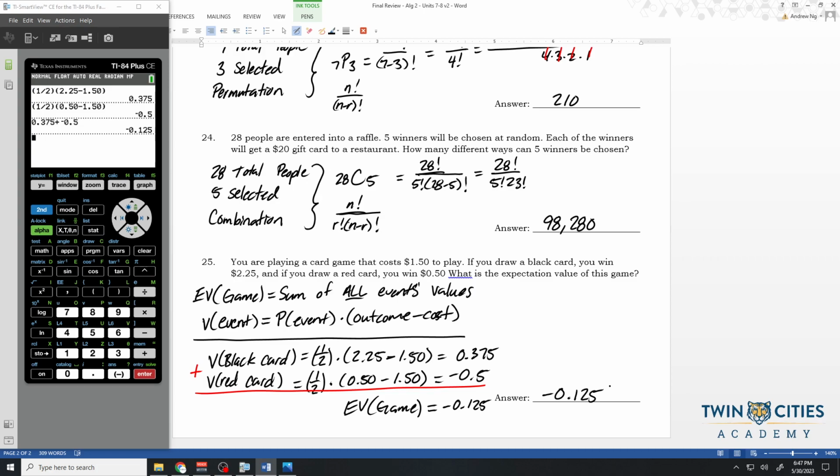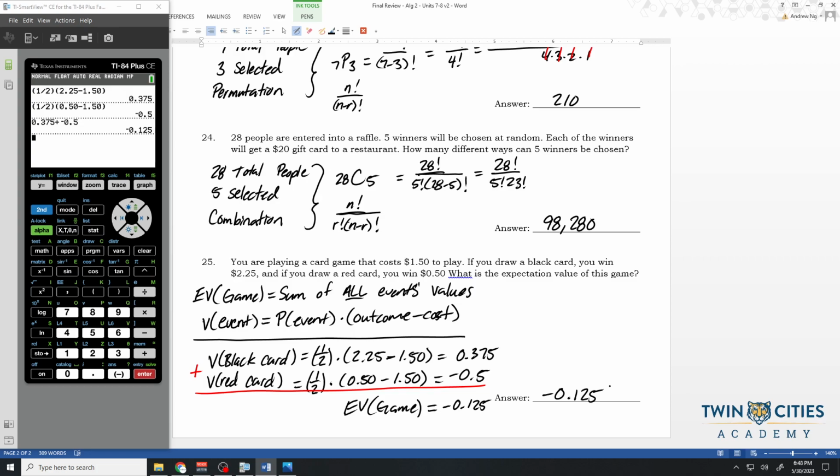If you get a heart, you win $2. And if you get a diamond, you win your $1.50 back. Okay, but they don't mention the fourth suit being clubs. Well, that implies that if you draw a club, you just get nothing. You get $0 back. That's the outcome.